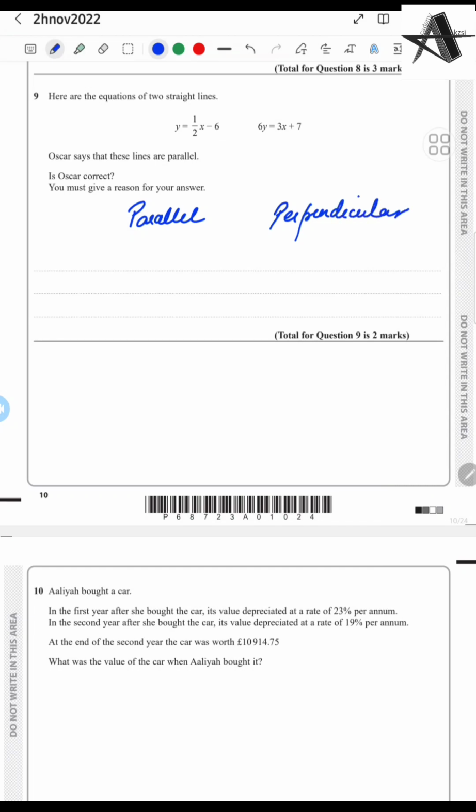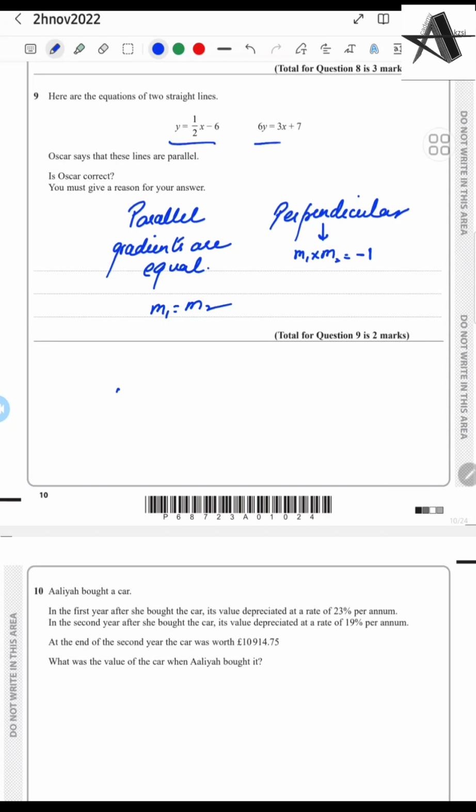If lines are parallel, the gradients of both lines are equal. So in parallel, m1 should be equal to m2. That means the gradients of both lines should be equal to each other. Whereas for perpendicular, the multiplication of the gradients should be equal to -1. That means when you multiply the gradients of two different lines and it comes out to be -1, they both are perpendicular.